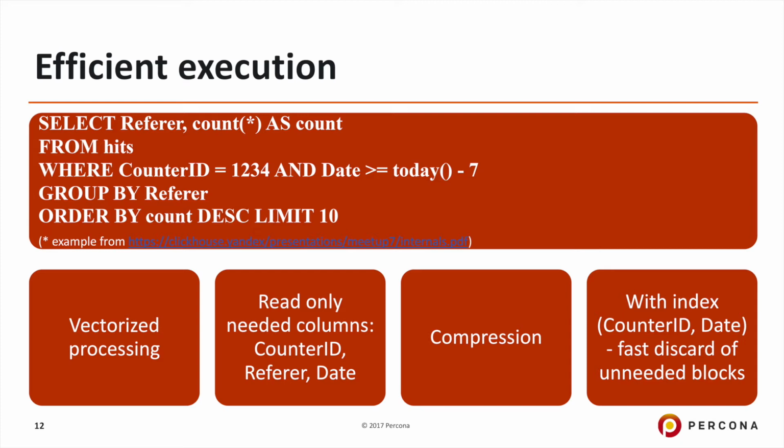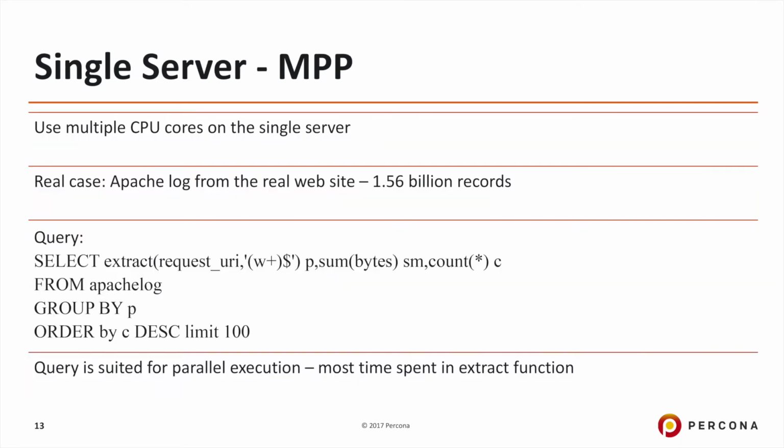And let's take a look at massive parallel processing. I ran a little experiment. I used my server with multiple CPU cores and multiple CPU threads, and I took an Apache log from a real website, one of the Percona websites, and this log contains 1.5 billion records.